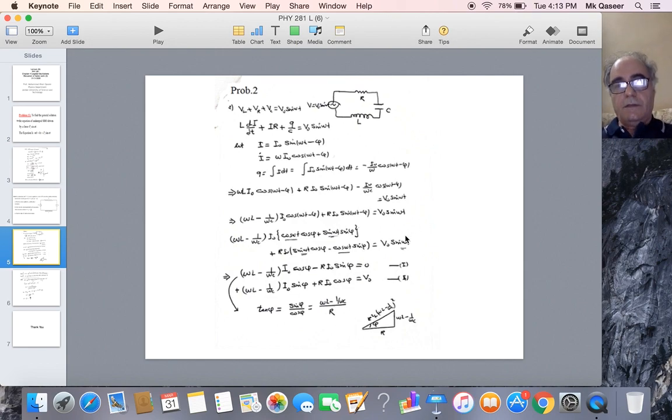The right hand side of the first equation is plus 0 cosine omega t. Now from the first equation we can get phi, where tan phi is sine phi over cosine phi, which is omega L minus 1 over omega C, divided by R.